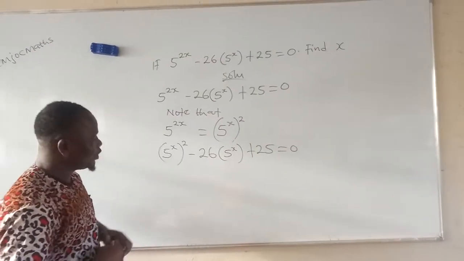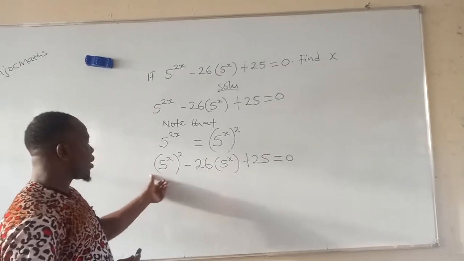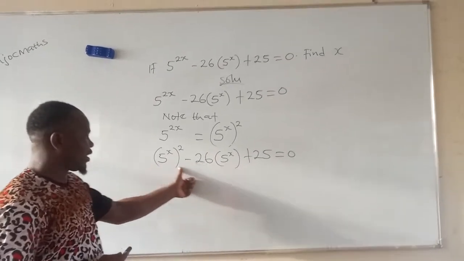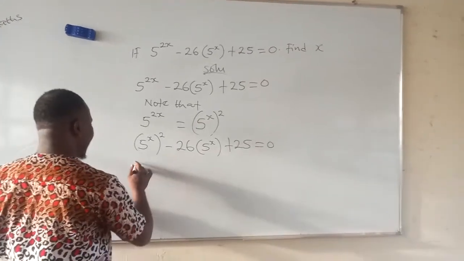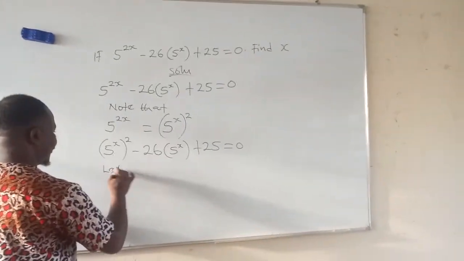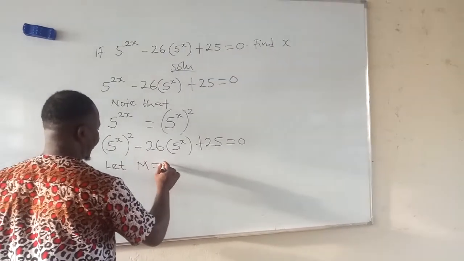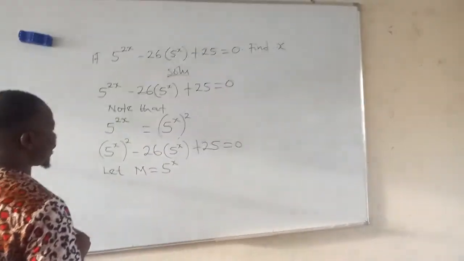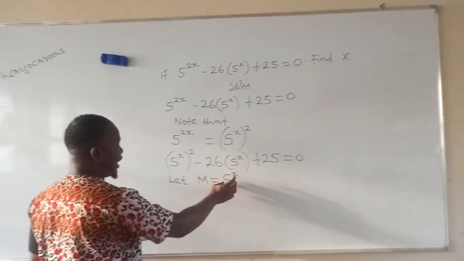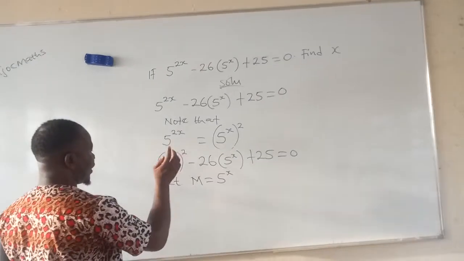Now we are going to reduce this to a quadratic equation by saying let m equal 5 raised to the power of x. It implies that anywhere you see 5 raised to the power x is m.